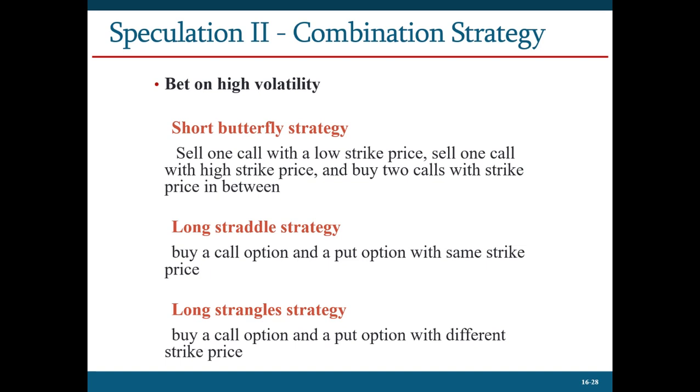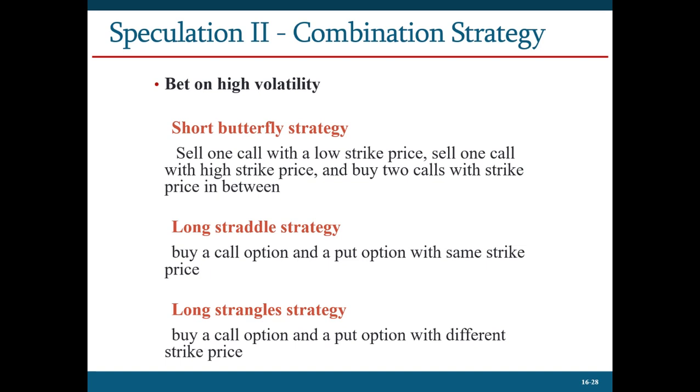The long straddle strategy asks you to buy both a call option and a put option with the same strike price. So in this case, your gain will be maximized when the stock price either increases a lot or declines a lot. And the only scenario in which you will lose money is when the stock price doesn't change a lot.